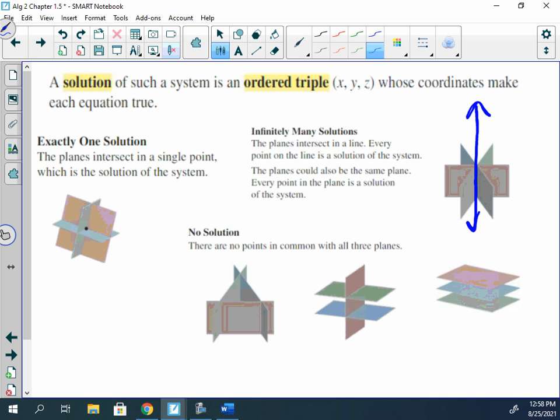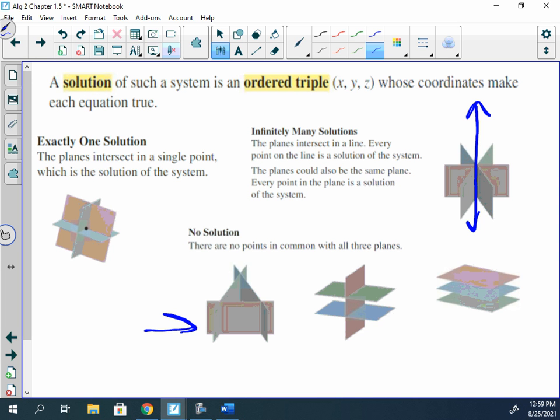And the last type is no solution. Because we can see on the third one, those three planes are just parallel to each other. They do not cross at any point. So there's not going to be a solution. There's no intersection. Even though the other two intersect down here, even though these two do have points of intersection, because it does not have an intersection of all three planes, it is still no solution.